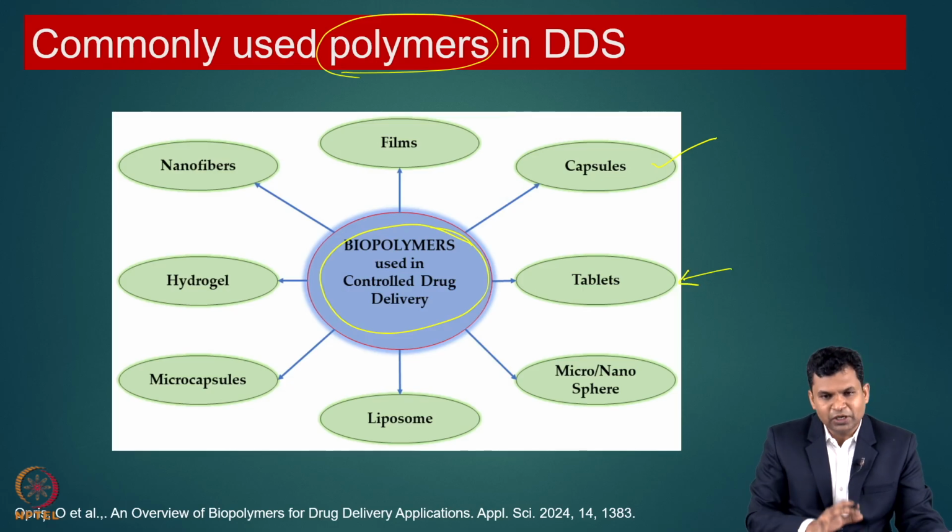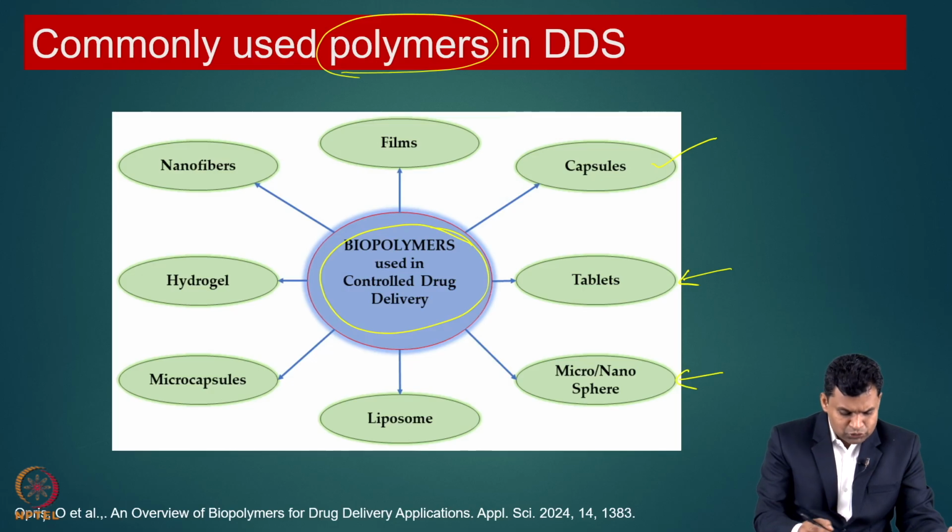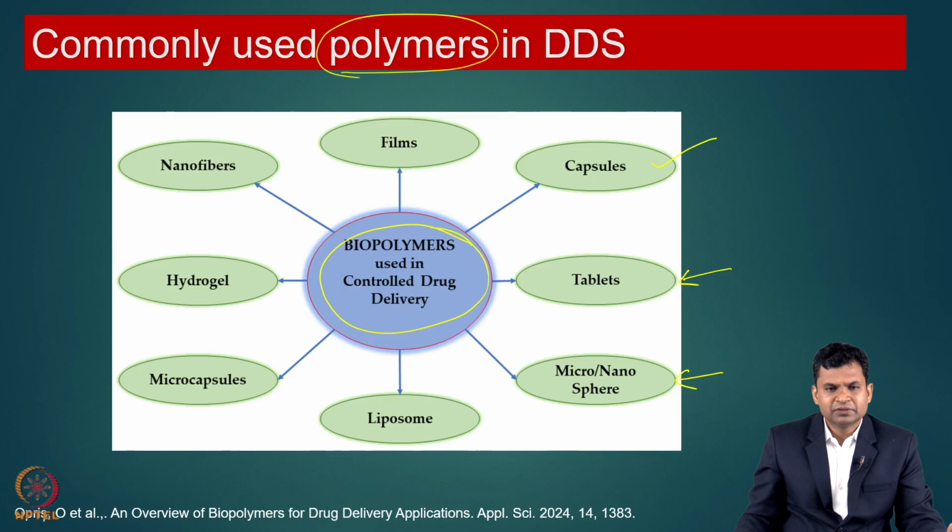By using these polymers we can make micro or nanospheres, which also show drug release in a controlled manner. We can also use polymer conjugated lipids, which can work as various types of responsive liposomes. With that we can improve the surface properties by coating the lipids with the polymers.